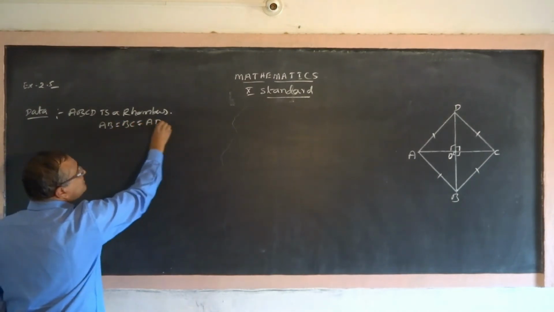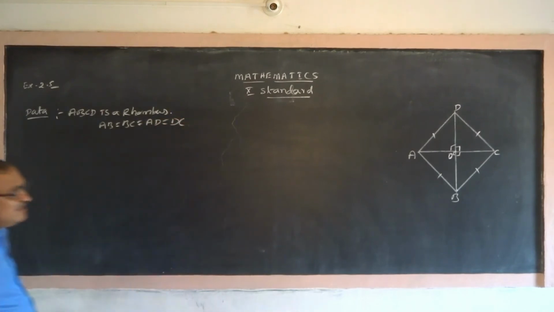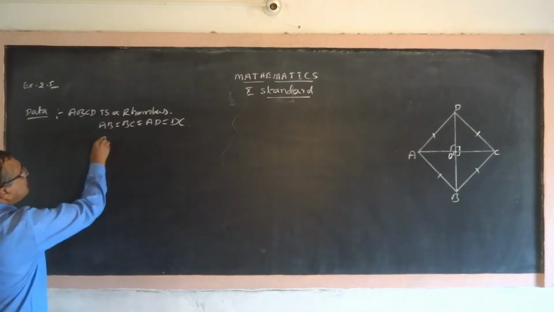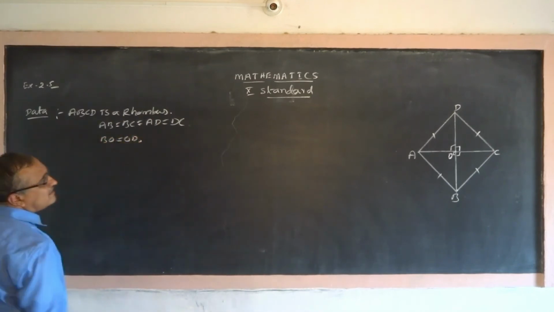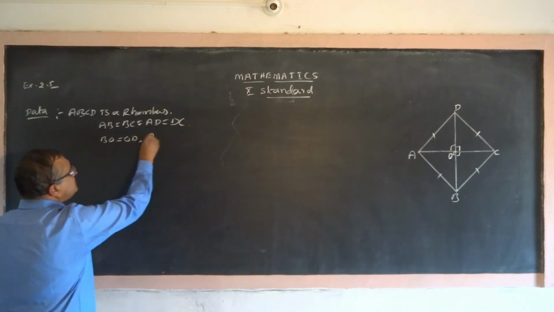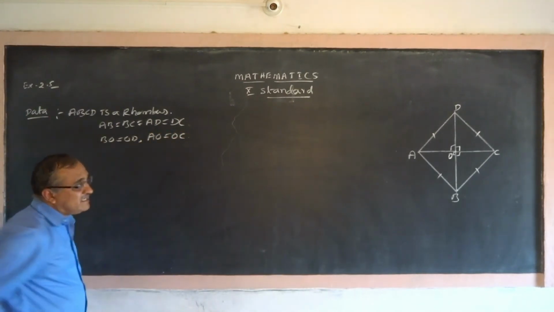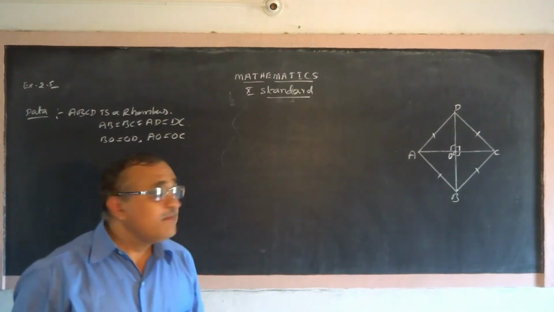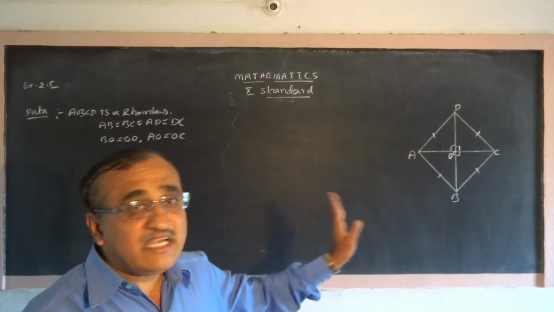All the 4 sides are equal, and the diagonals bisect each other, which means BO equals OD and AO equals OC.